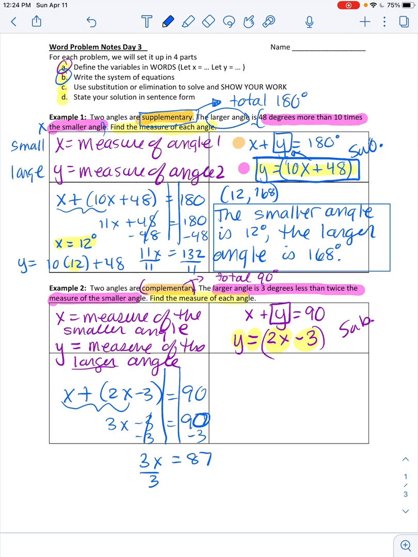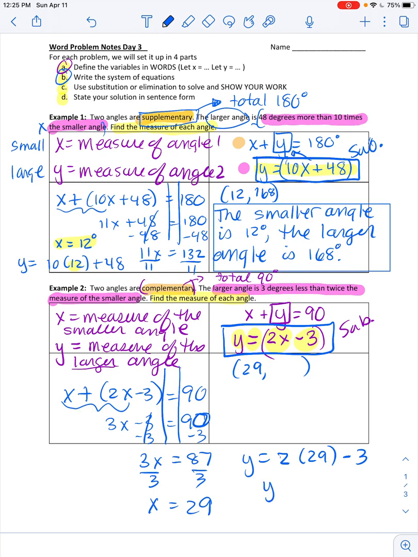And then when I divide that by 3, my x comes out to be 29. So I'm getting 29 for x. I need to use that now to find y. I'm going to use this equation because it straight up says y will be 2 times what you got for x and then minus 3. So when I do that, I end up with 55.